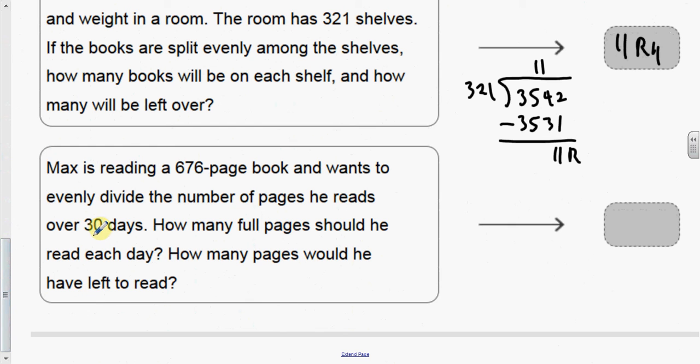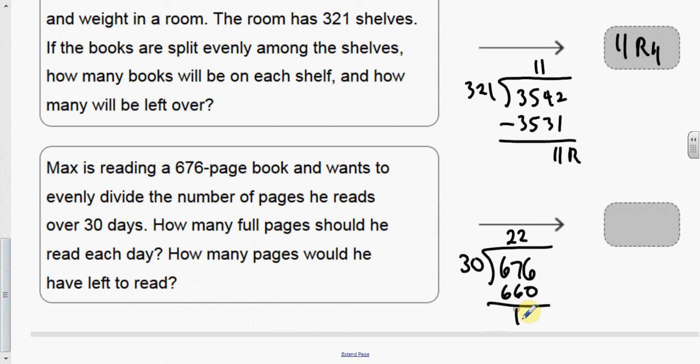And then for that last one, looks like we're dividing 30 into 676. So 30 goes into 676 22 times. 22 times 30, that's 660.